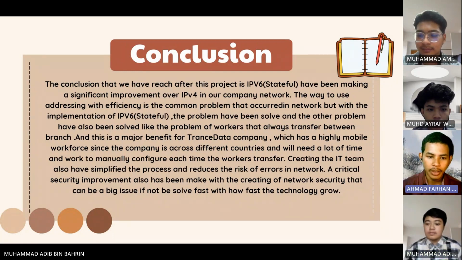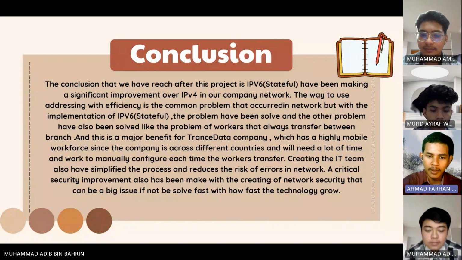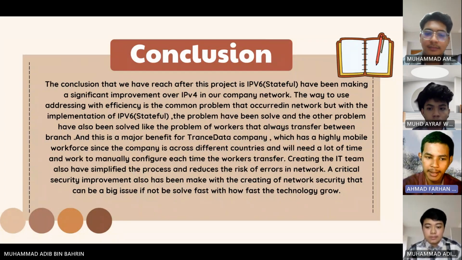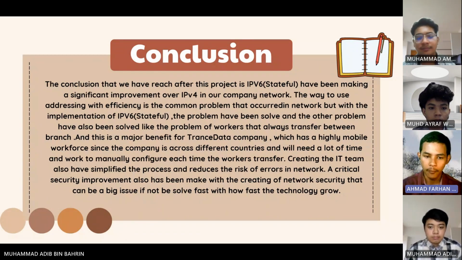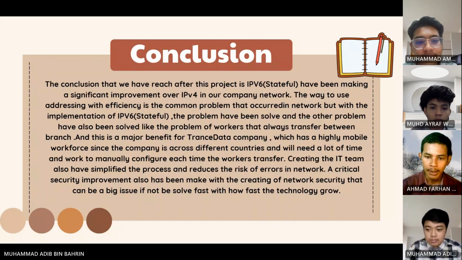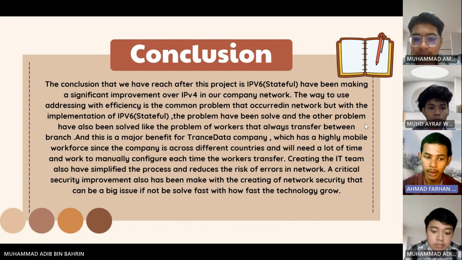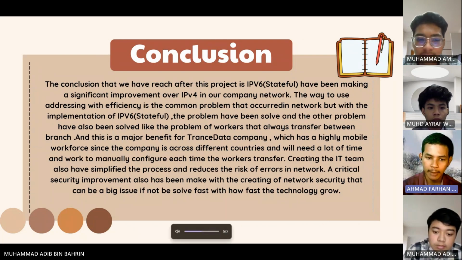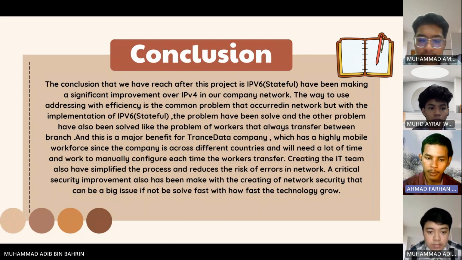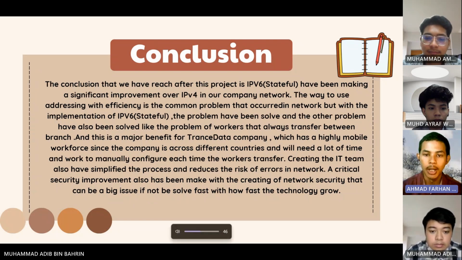The conclusion that we reached after this project is that IPv6 stateful has made a significant improvement over IPv4 in our company network. Using addressing efficiently is a common problem in networks, but with the implementation of IPv6 stateful, the problem has been solved, and other problems have also been solved, like the problem of workers who always transfer between branches.